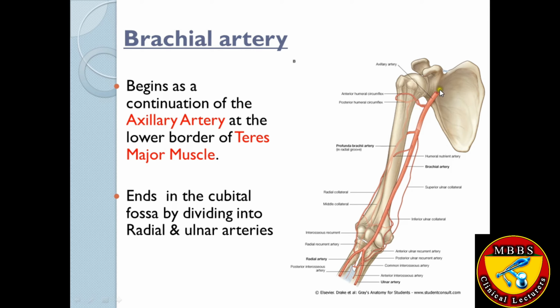The axillary artery runs in the axilla, and as it crosses the lower border of the teres major muscle, its name changes and now it becomes the brachial artery. The brachial artery runs in the arm. It ends in the cubital fossa by dividing into a radial artery and an ulnar artery.